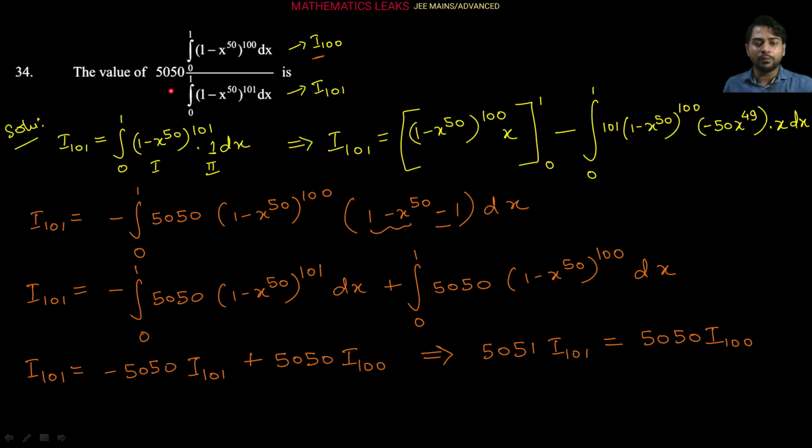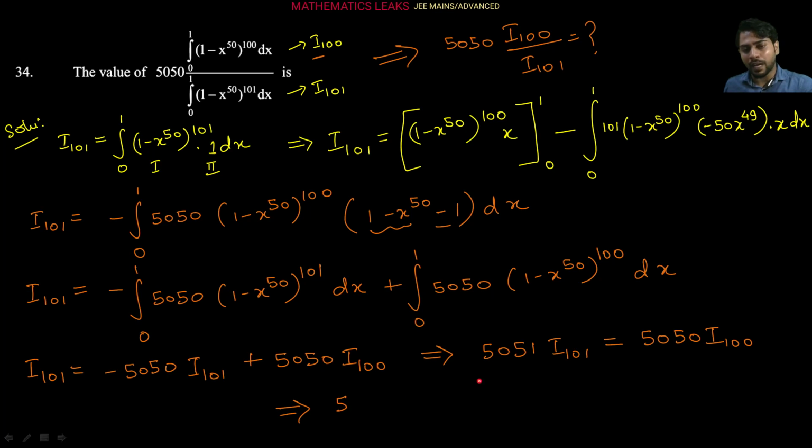So they are asking for 5050 times I100 upon I101 is equal to what? That is the only meaning here. So you are just arranging this in cross multiplication, so you get 5050 I100 upon I101 is equal to 5051. So our answer for this question will be 5051, right?